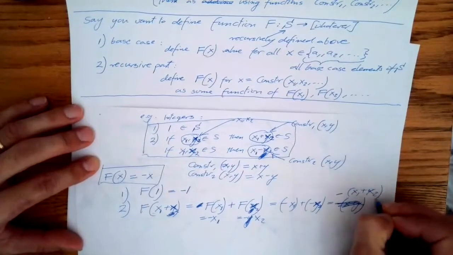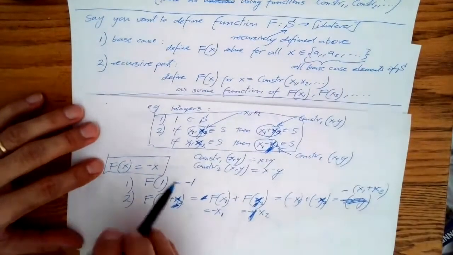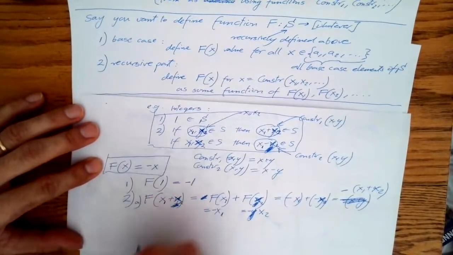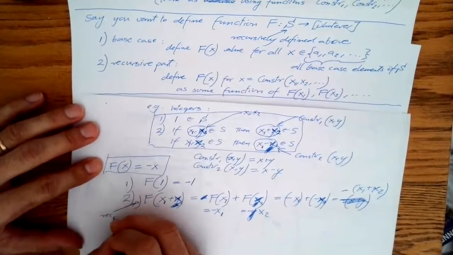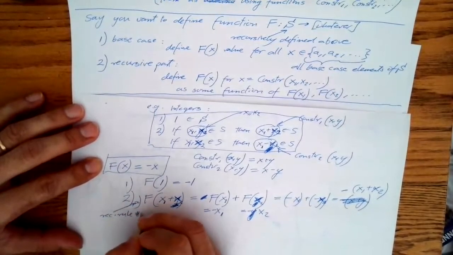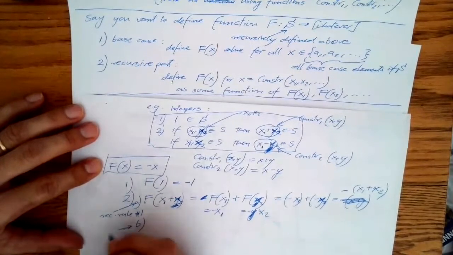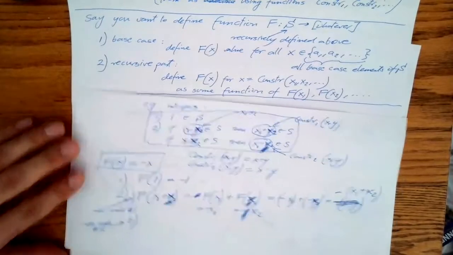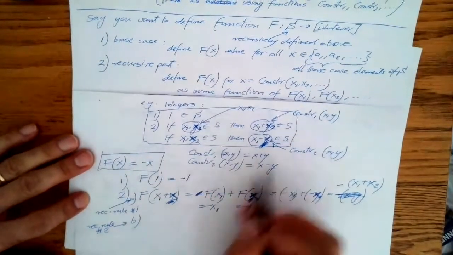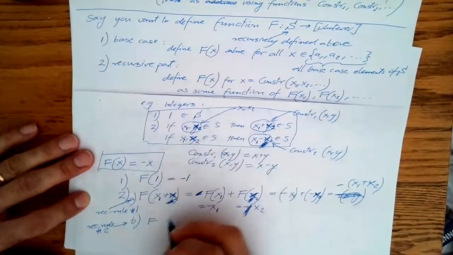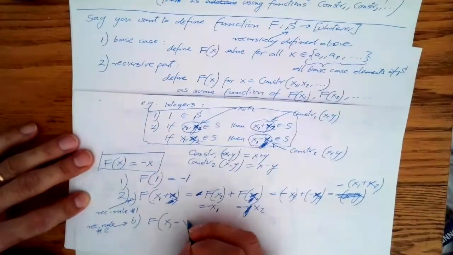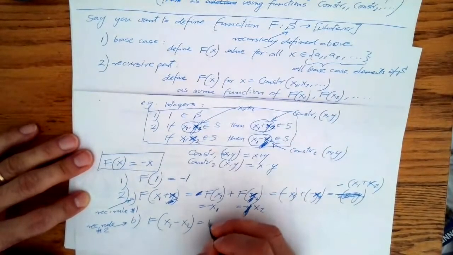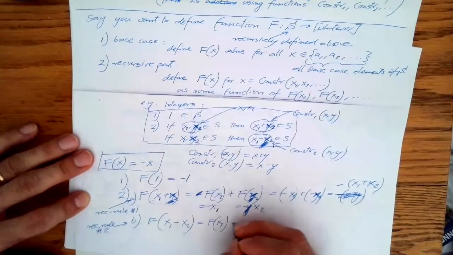Okay, and because I have one more recursive rule, this was really my first step for recursive rule number 1, but I need another step for recursive rule number 2. And what was that? That was this. So I need to define f of x1 minus x2 as some function of f of x1 and f of x2. So that would probably be this one.